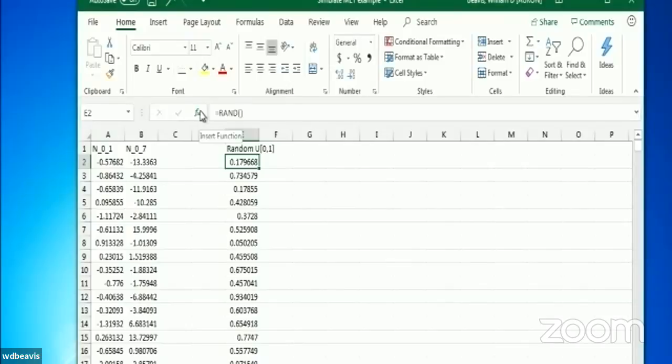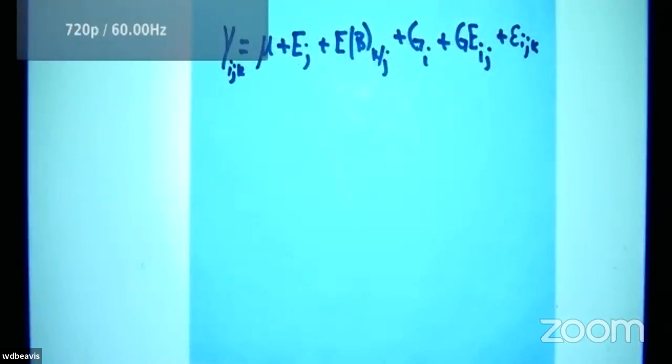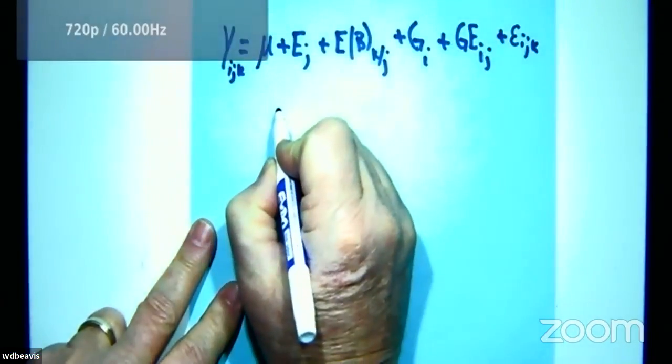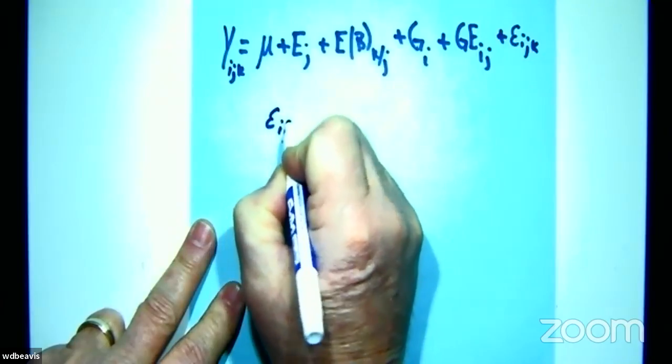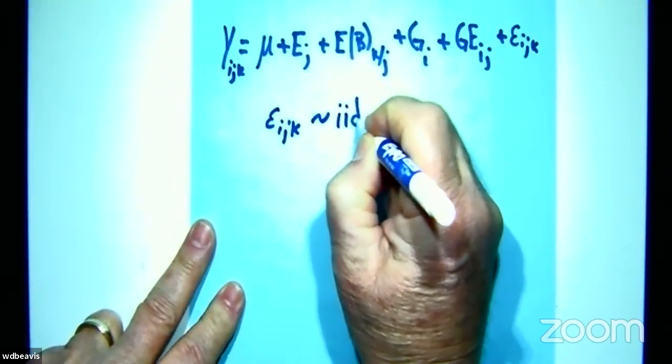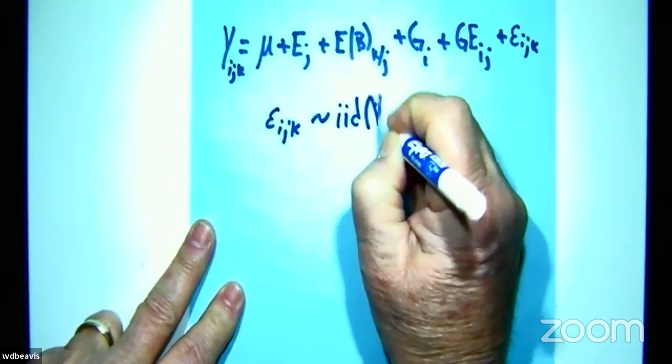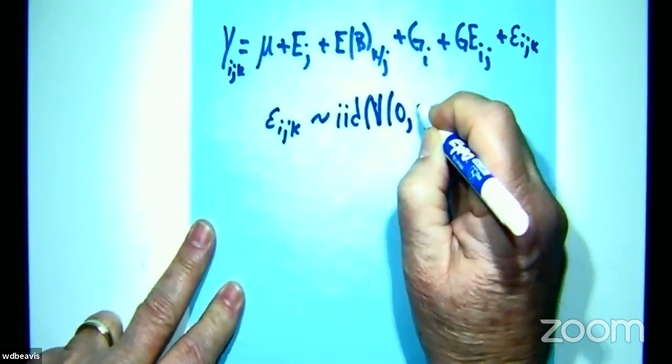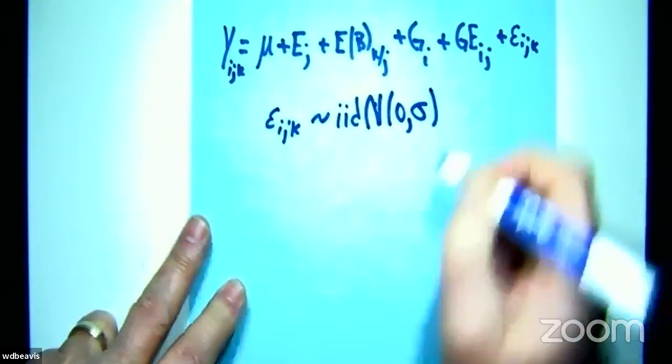Now, we've said though that our residual errors are distributed as some sort of normal; we make an assumption about the residuals. So let's bring that back over here. In our modeling, we have said that these residuals are IID normal, 0, and some standard deviation.